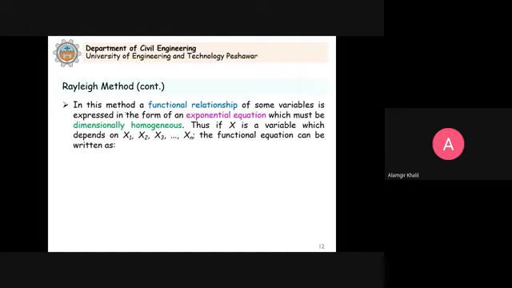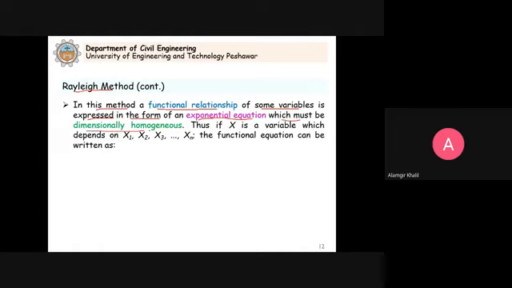So what is this method? In this method, a functional relationship of some variables is expressed in the form of an exponential equation which must be dimensionally homogeneous.